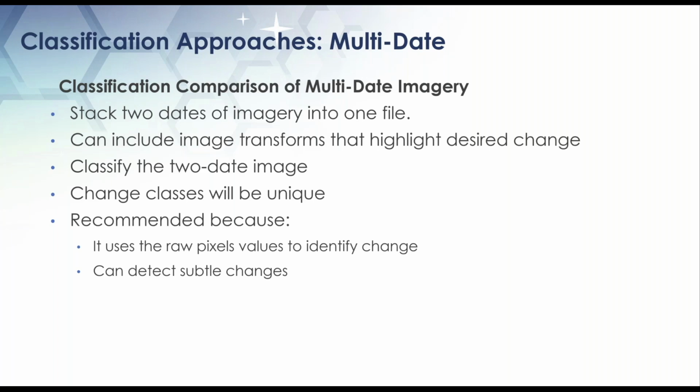That works much better because your change classes will have unique spectral characteristics. As you can imagine, it's a great approach for looking at subtle change. It can get challenging to try to interpret where the change classes are, though.